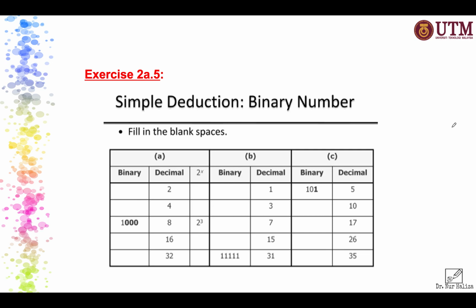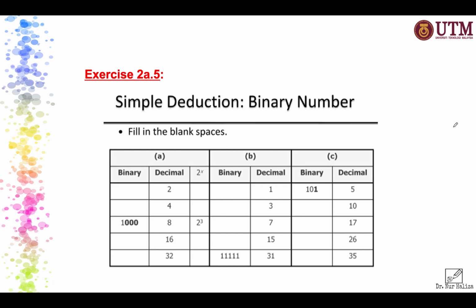So over here you have a simple deduction under binary numbers, how you need to fill in the blank spaces. I don't want to show the answer. Please screenshot this page. I think there is no answer in your module, but let me check after this.